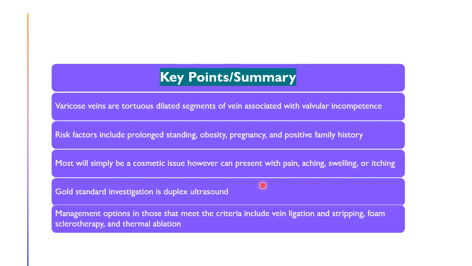Now, in summary, what are the key points to take home from this lecture? First, varicose veins are tortuous, dilated segments of vein associated with valvular incompetence. That is the definition of varicose veins. Secondly, the risk factors for varicose veins include prolonged standing, obesity, pregnancy, and positive family history.